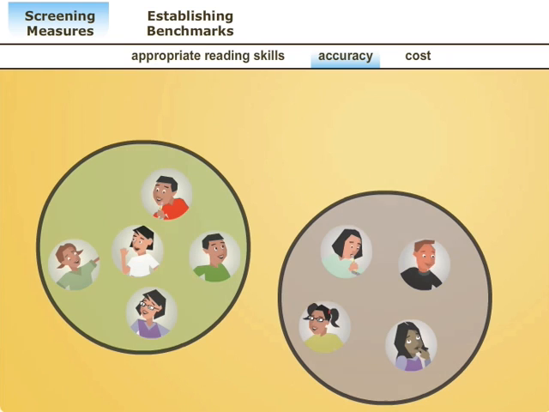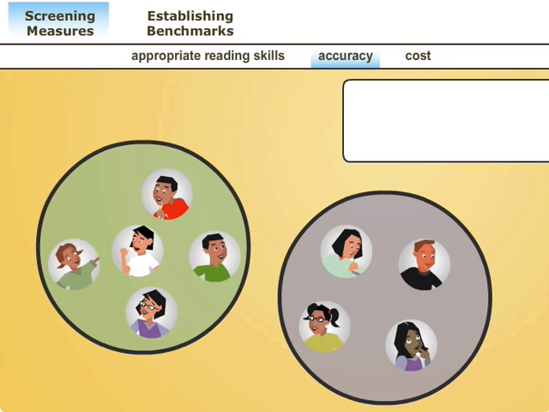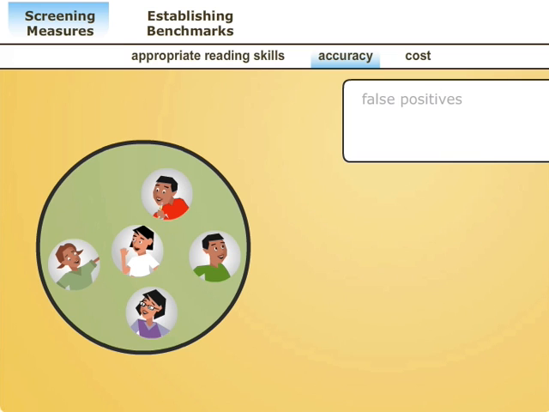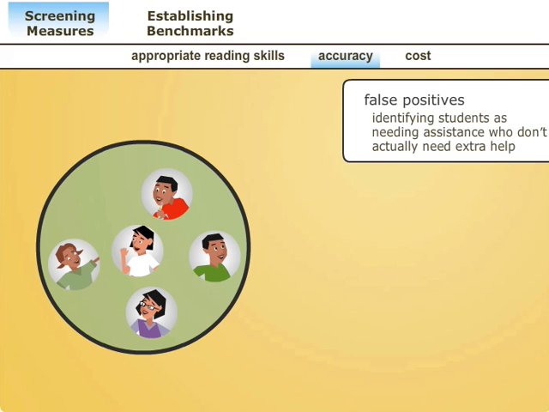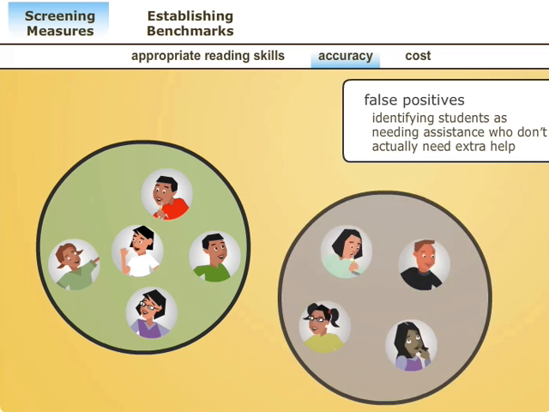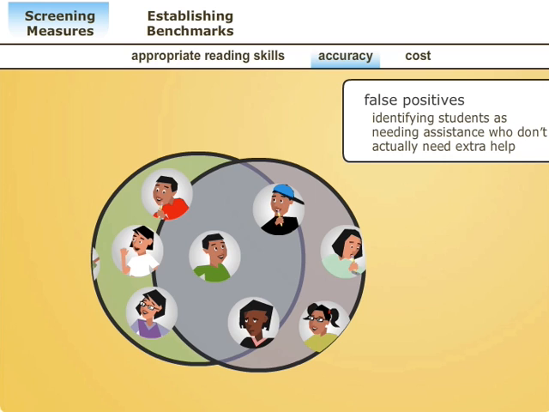Use of at least two screening measures is highly recommended, as use of a single measure can often result in false positives, such as identifying students as needing additional assistance, but who are likely to do fine without it. Using two screening measures can both enhance the accuracy of the screening process and ensure that schools are not taxing their resources by providing intervention to an inflated percentage of the student population.